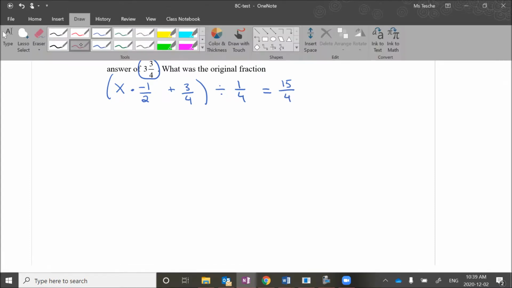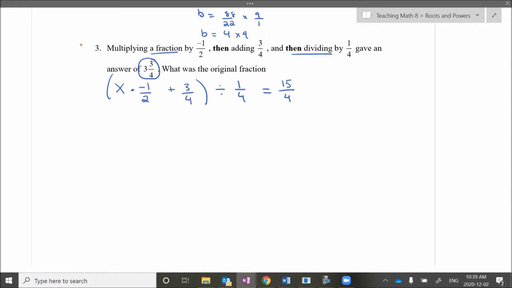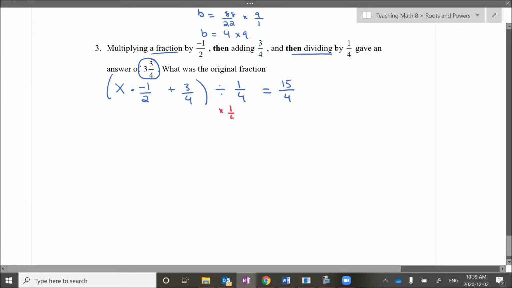So from here, this question actually shouldn't be too challenging. We're just working backwards. I have to first cancel out that division because that's the last thing we did. So I'm going to now multiply by 1 over 4 because multiplication is the opposite of division. Then I get 15 over 16, rewriting my left side.